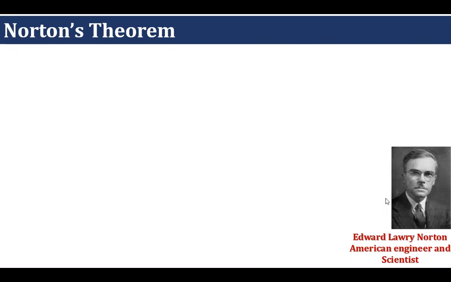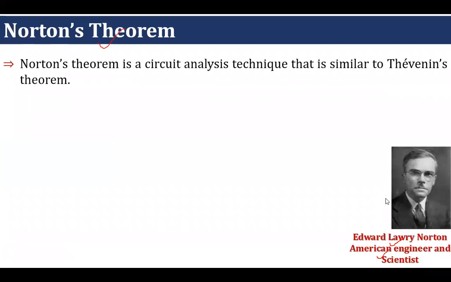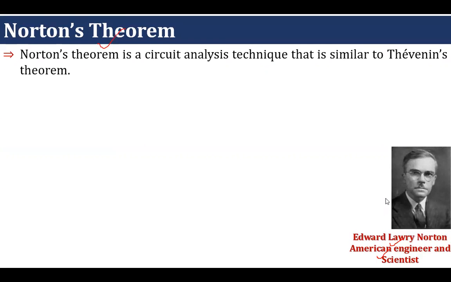Norton's theorem was given by Edward Laurie Norton, an American engineer and scientist. This theorem is a circuit analysis technique similar to Thevenin's theorem, which we have already gone through.